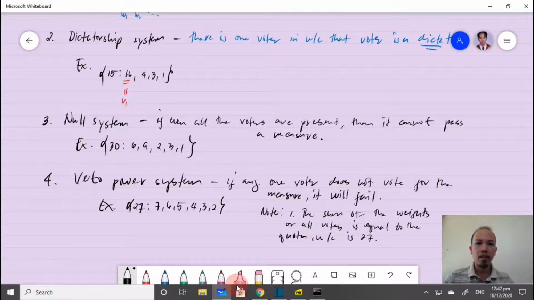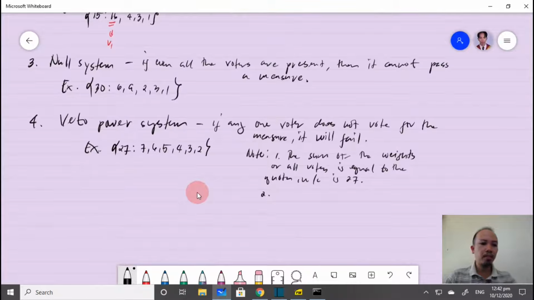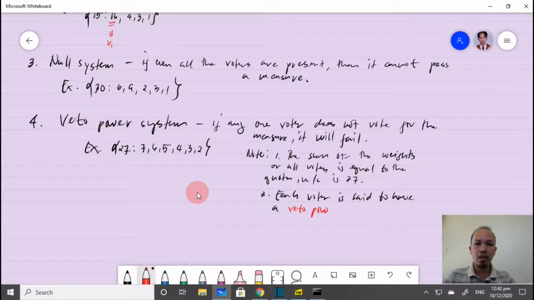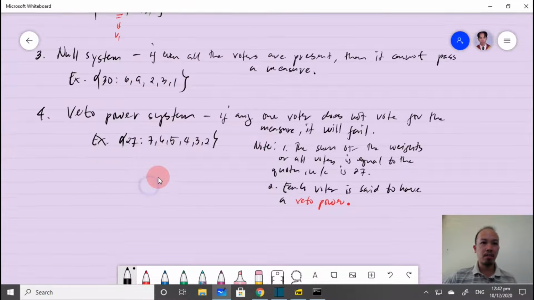And also, a second note here, each voter is said to have veto power. So that's what we mean by this type of system.